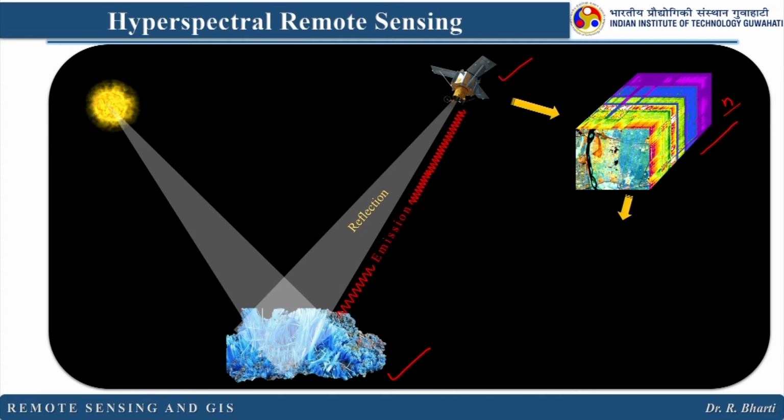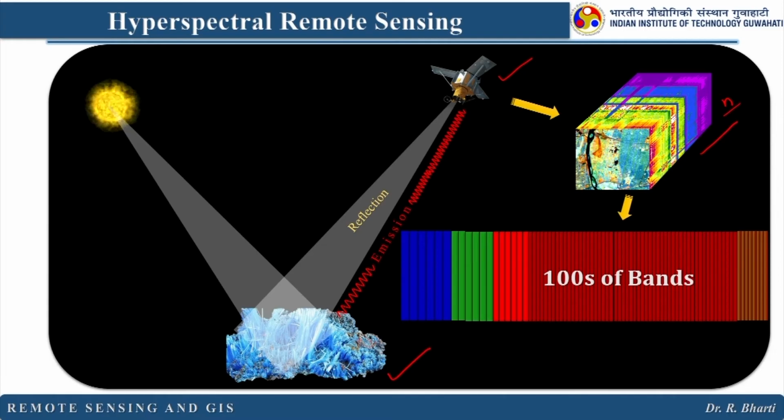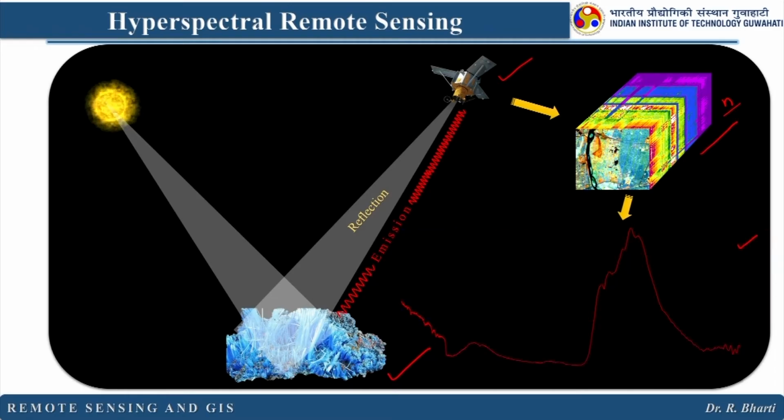It is nothing but hundreds of bands in different wavelengths, but there is no gap in between, that is why we call it contiguous measurement. So, here you have contiguous and very narrow bandwidth, and because of that we are able to generate this kind of spectral signature. It can be emissivity or reflectance, anything.